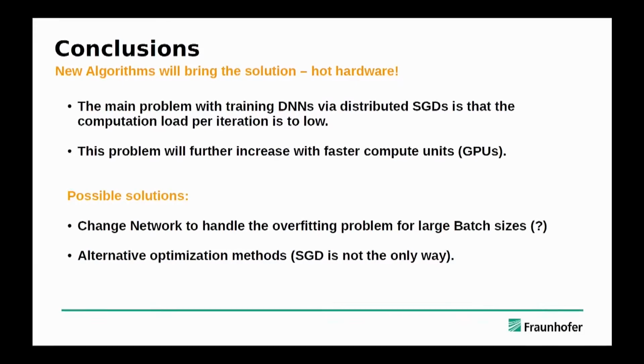So let me conclude. The main problem with deep neural networks in a distributed environment, or even if you have just multiple GPUs in one box, is that due to the nature of the optimization algorithm, you end up doing an iterative algorithm where the compute amount per iteration is so small that it's very hard to do this efficiently anymore.